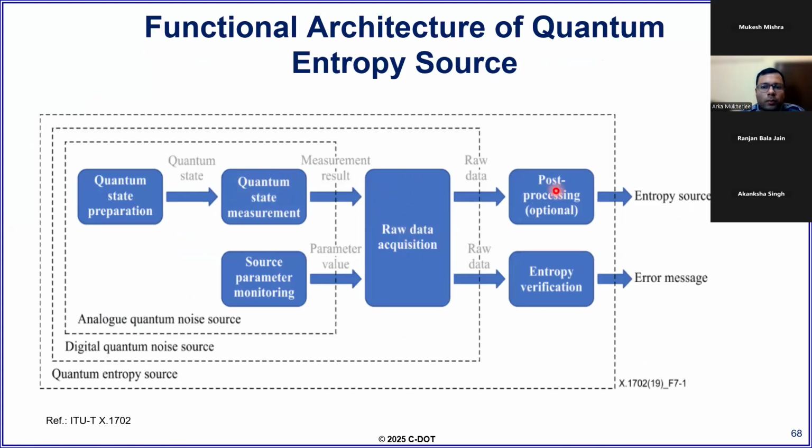Then we need to do some post-processing and verify the entropy. Entropy is a measurement of randomness: how random your data is. Then there is source parameter monitoring, to check whether your single photon source is operating properly or not. This type of monitoring and feedback is there inside a QRNG. I have taken this from ITU-T; it is also there in the TEC-GR for this.